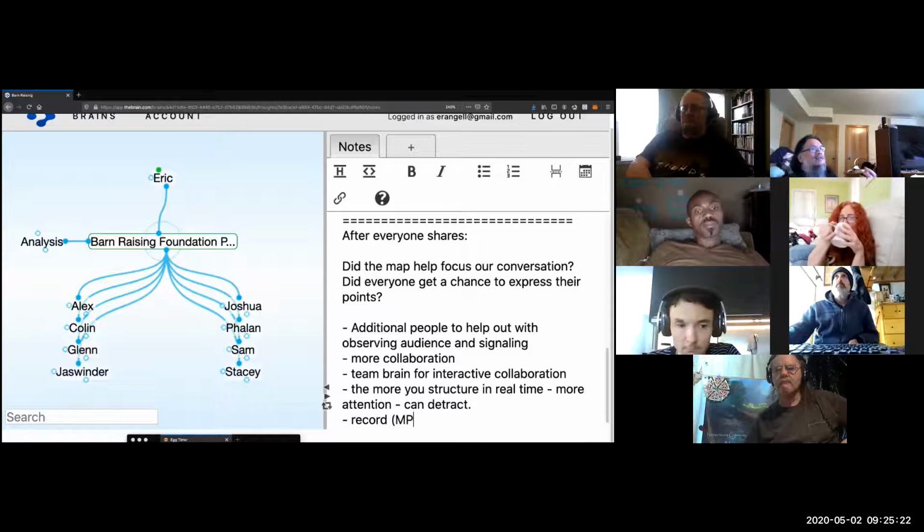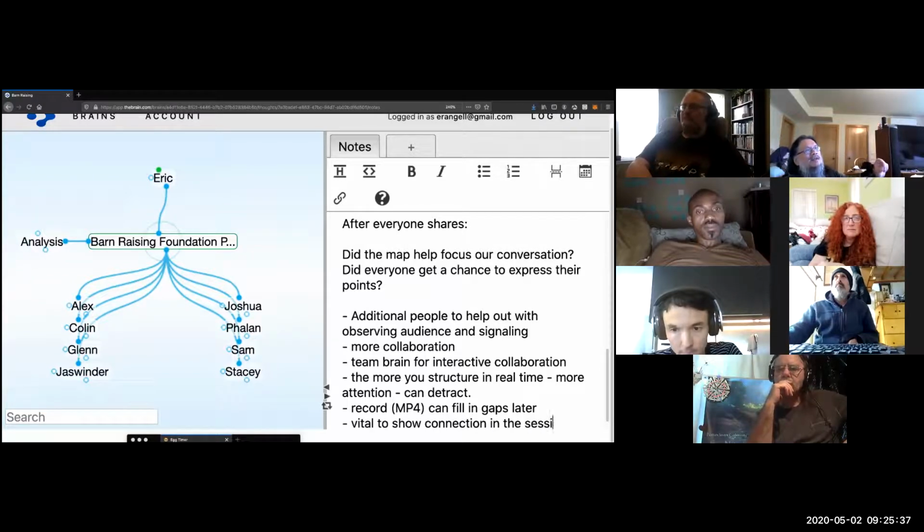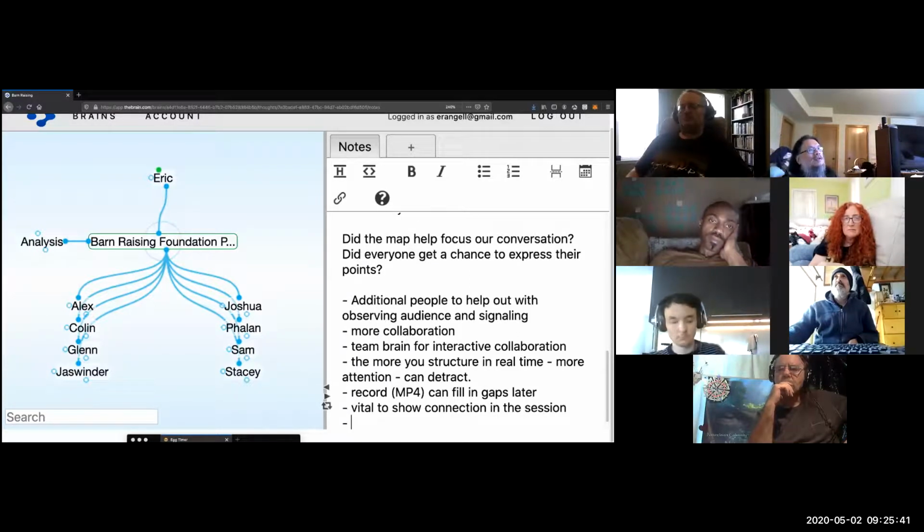On the other hand, it's vital that we actually show a connection in the meeting before the end of the session, so that everybody sees the same conclusions or connections. That is an important thing to recognize and do. And between those two extremes is every other space along the spectrum.